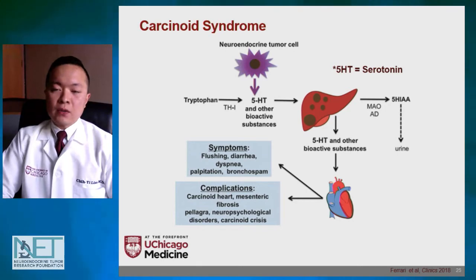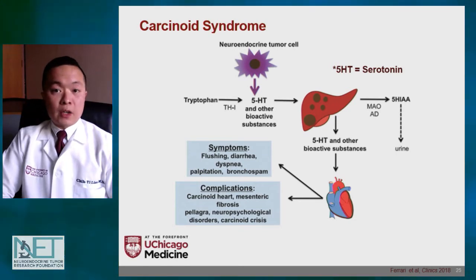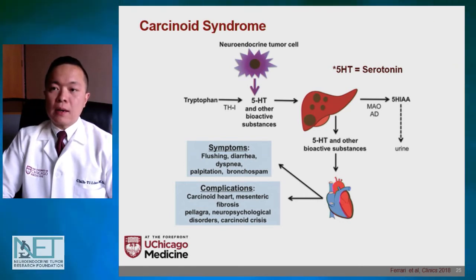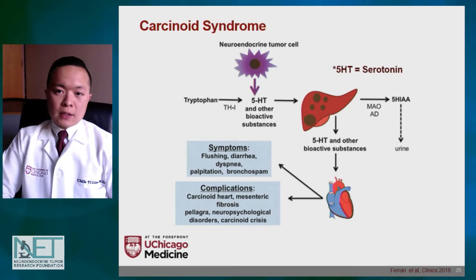The consequence of having too much serotonin or other bioactive substances is symptoms like flushing, diarrhea, shortness of breath, wheezing, and heart palpitations. Long-term consequences can include changes to the heart valves, so-called carcinoid heart. It can cause mesenteric fibrosis, which is scarring within your abdomen. It can cause pellagra, and it can have neuropsychological consequences.